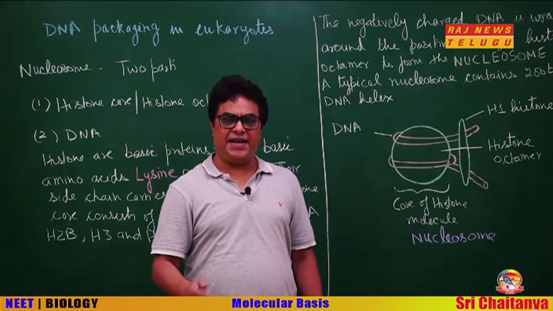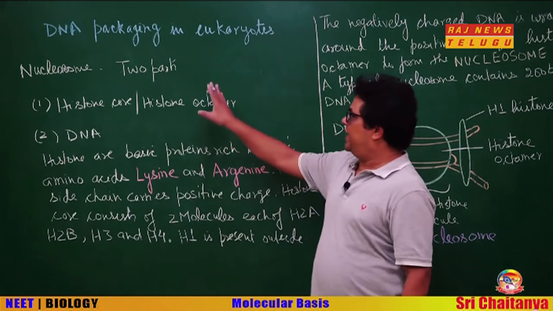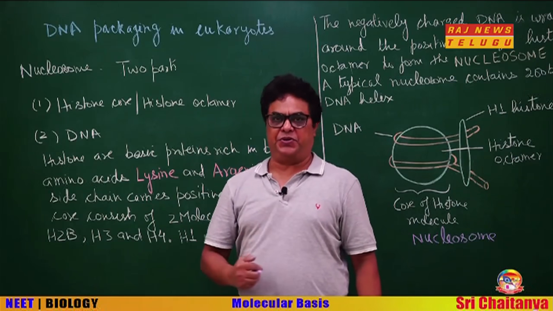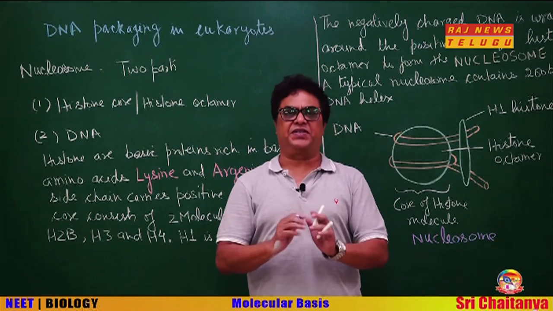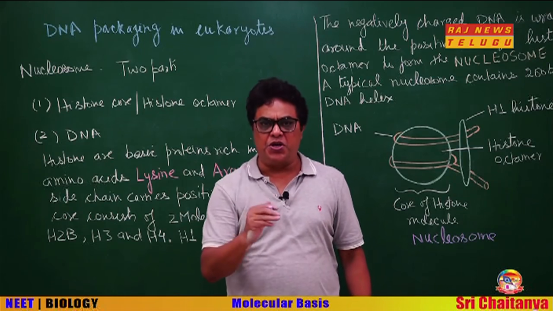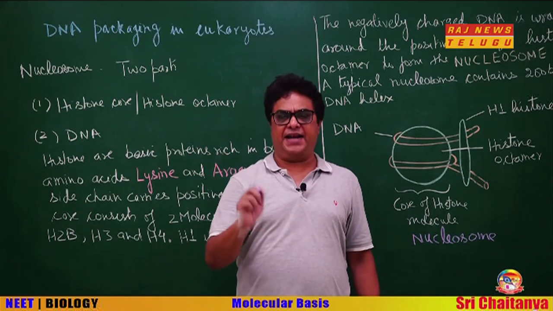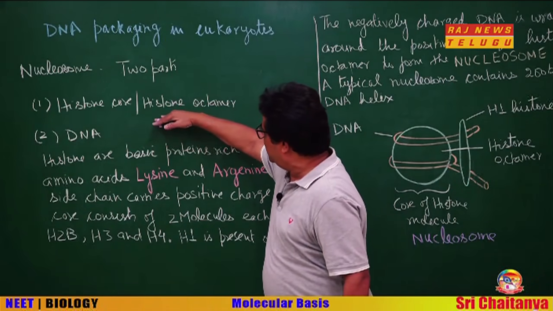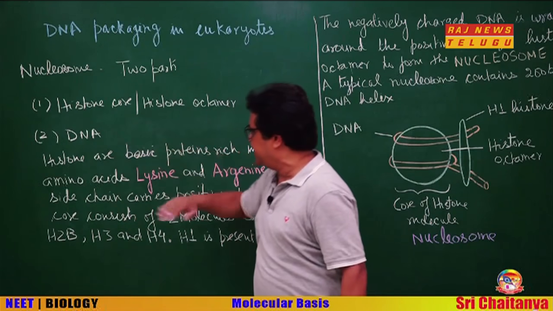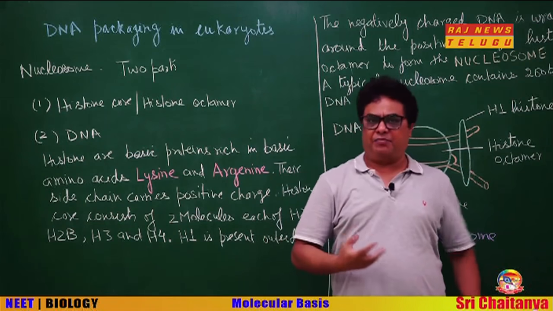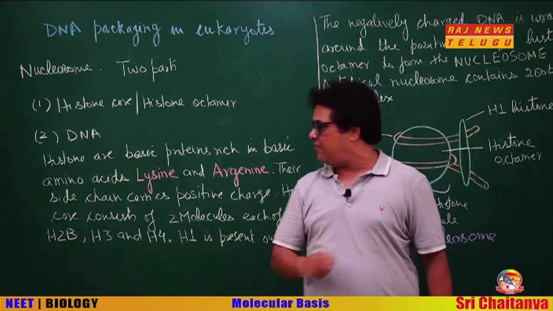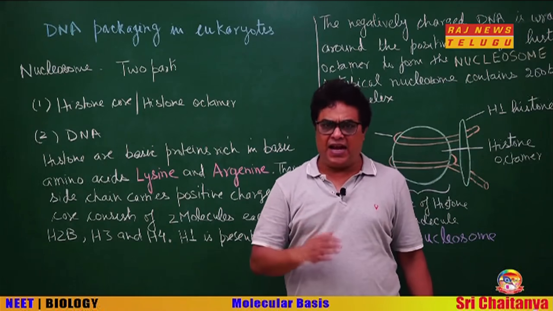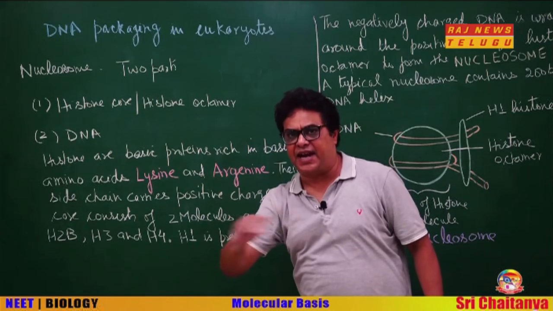Now, let us see DNA packaging in eukaryotes. It forms repeating units, and this unit is called the nucleosome. A typical nucleosome consists of two parts: a histone core, which is an octamer, and the DNA wrapped around it. Histones are proteins rich in basic amino acids like lysine and arginine, so they are basic proteins, and these amino acids have positively charged side chains.